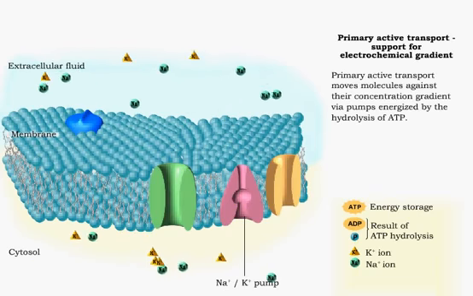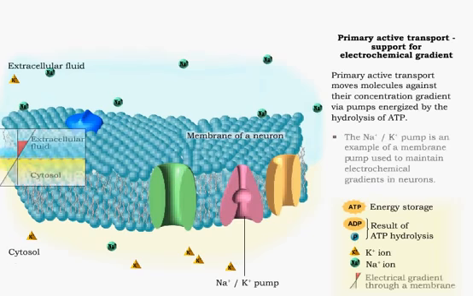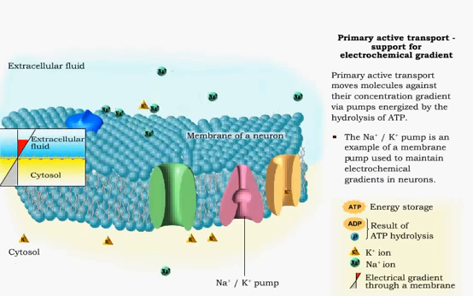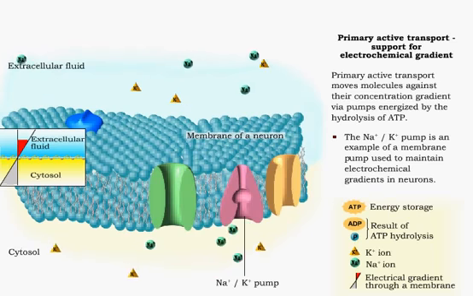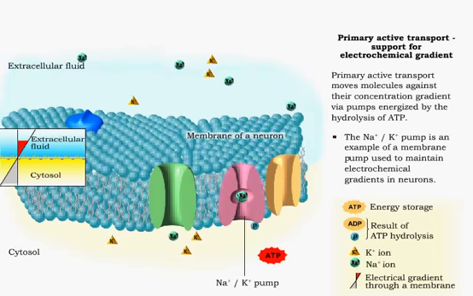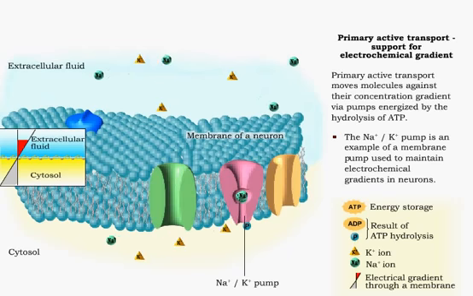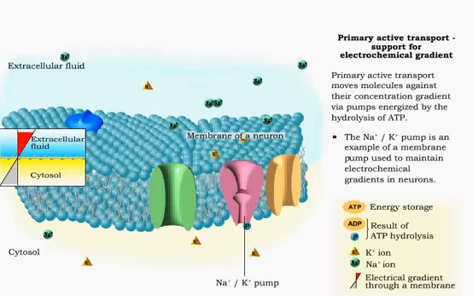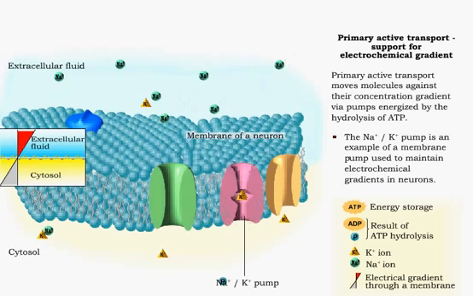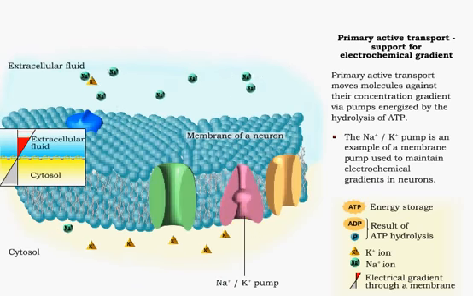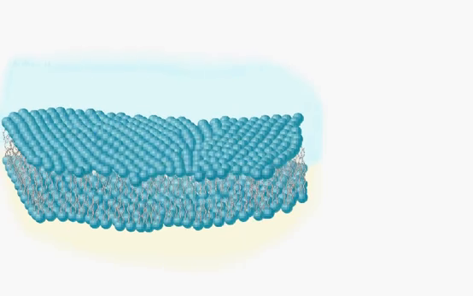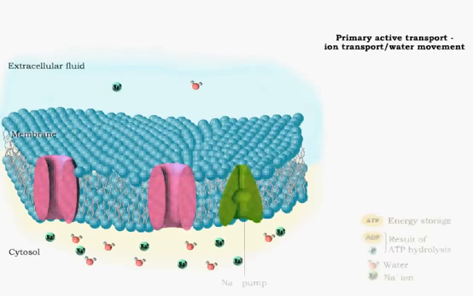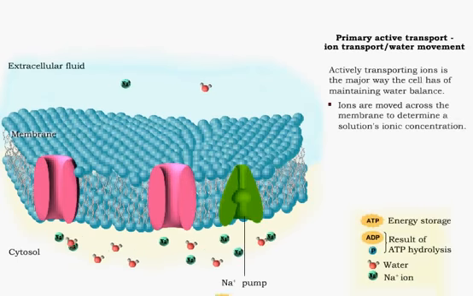The sodium-potassium pump is an example of a pump used to maintain electrochemical gradients in neurons. Actively transporting ions is the major way the cell has of maintaining water balance.